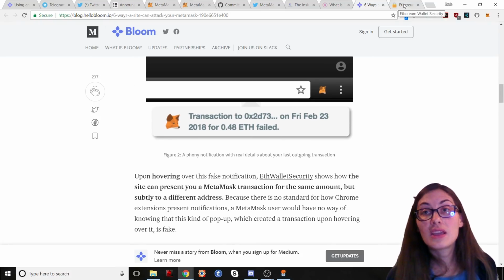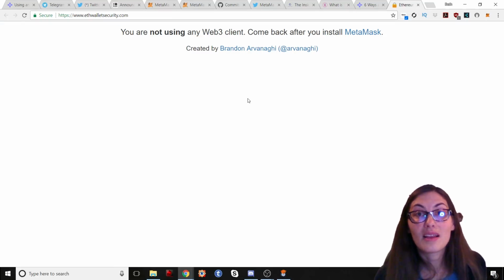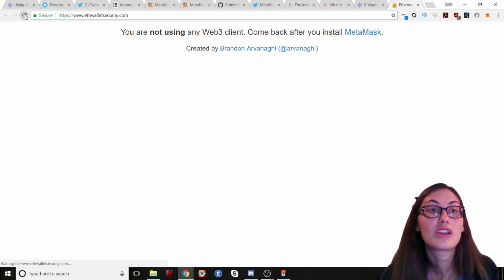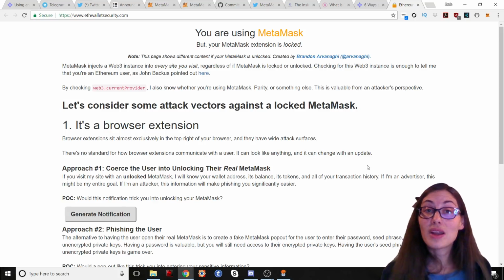And then over here, I just wanted to show you. So here is, I'm currently not using a Web3 client. Come back after I install MetaMask. So if I refresh this, because I have installed MetaMask, this is what it looks like once you have it installed, but your MetaMask is locked.